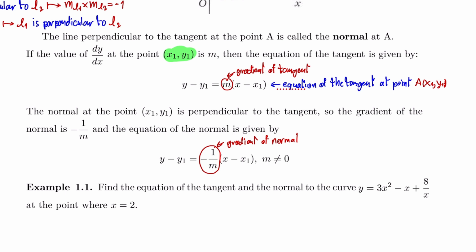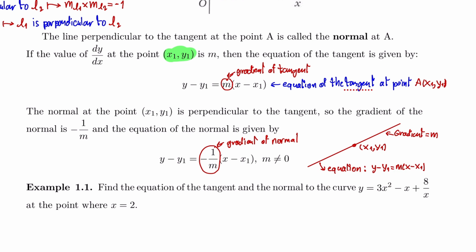I hope you don't forget how to write the equation of the line passing through point (x1, y1) with gradient equal to m. The equation turns out to be y minus y1 equals m times (x minus x1).